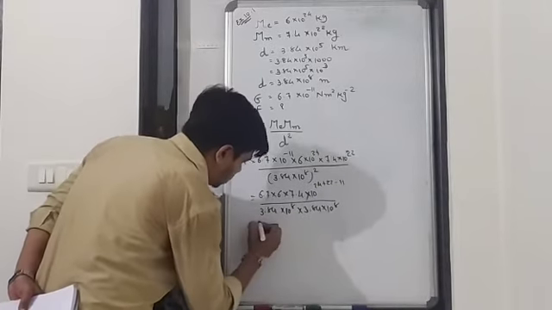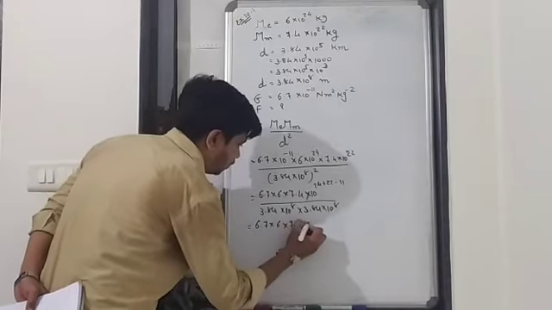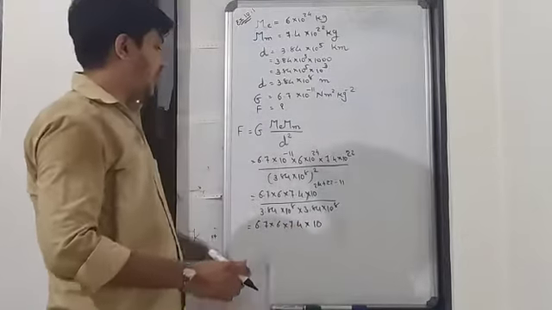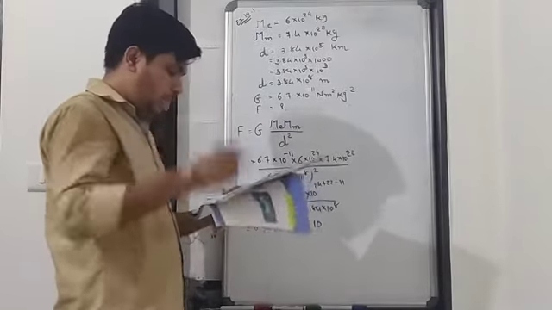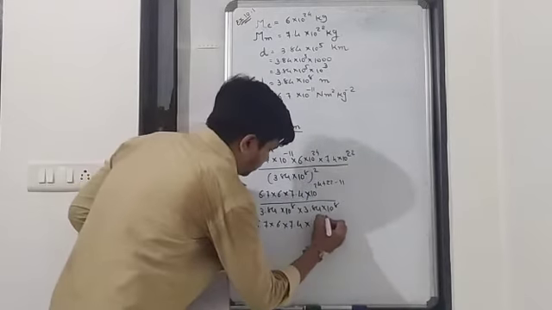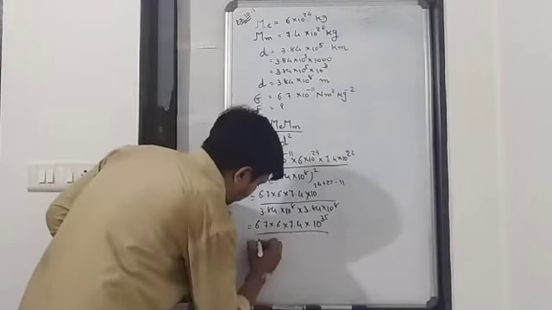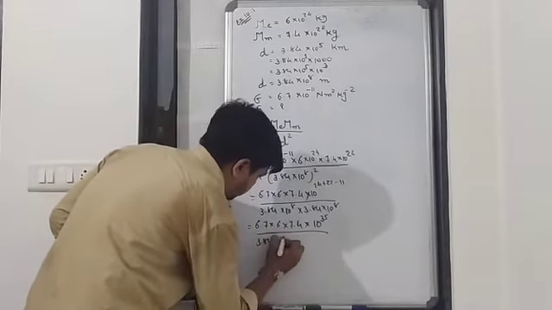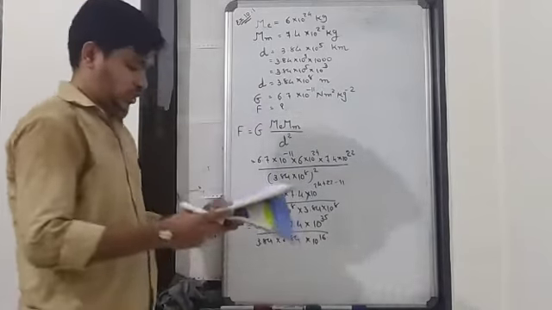Now it's 6.7 into 6 into 7.4 into 10 raised to, what will be the value? The value is 35. Divide by 3.84 into 3.84, and this is 10 raised to 16.